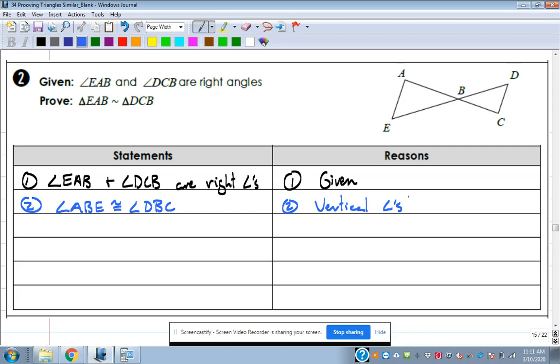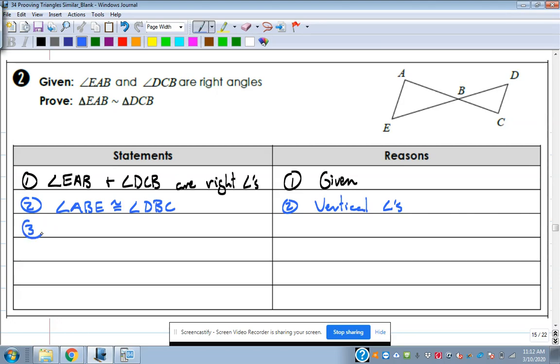Have I said that two angles are congruent to two pairs? So we need to formally state that we know that they're both right angles, so we know that they're congruent to one another, right? The statement said that they're right angles. We didn't say that they're congruent. We've got to tell in our proof that they are equal to one another. Even though we know that, we're trying to explain why these two triangles are similar.